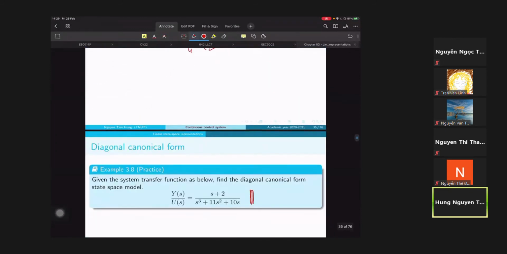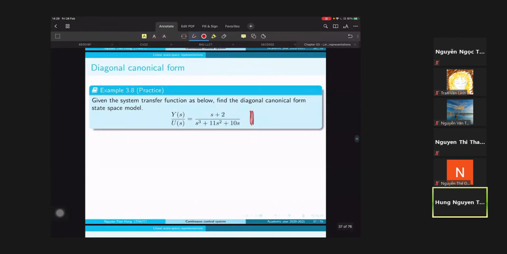First write out the problem, and I will show you the slide that contains the equation to be applied to find the solution of this problem. T(s) equals s plus 2 divided by s squared, sorry, s cubed plus 11s squared plus 10s.